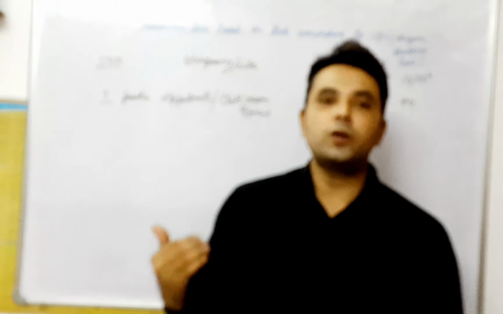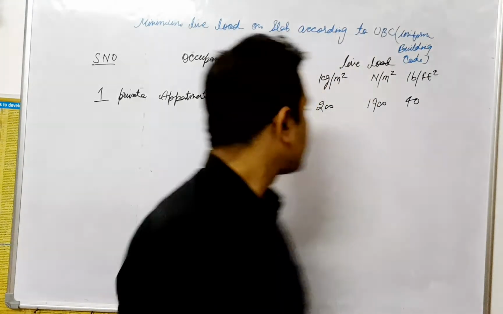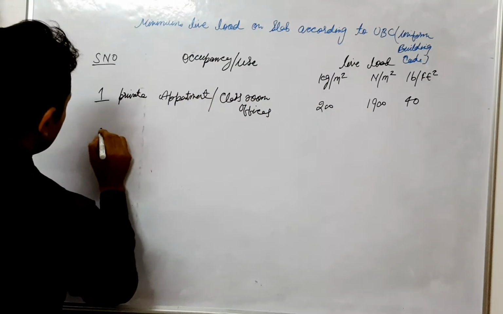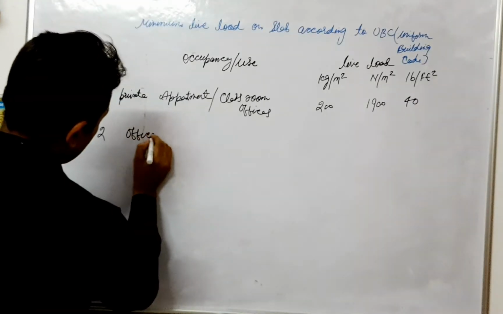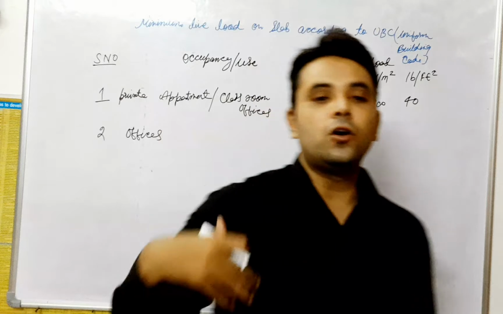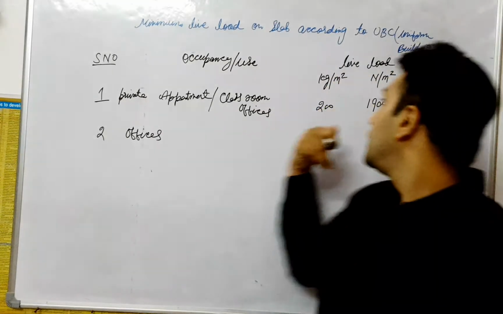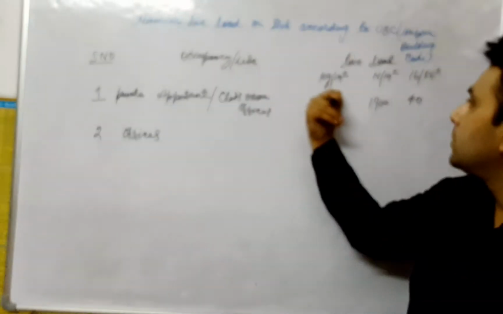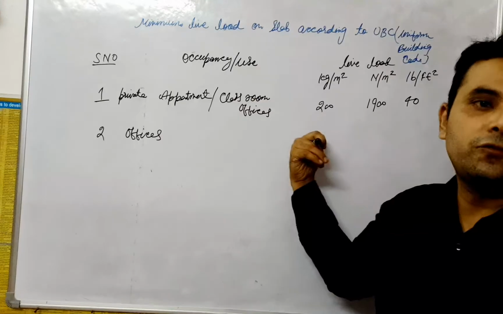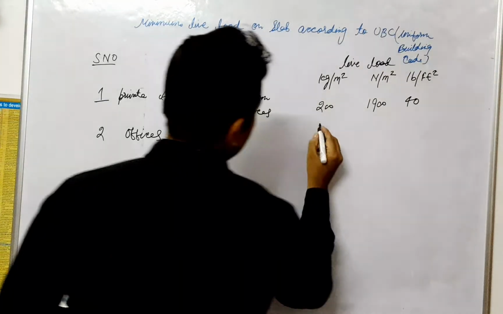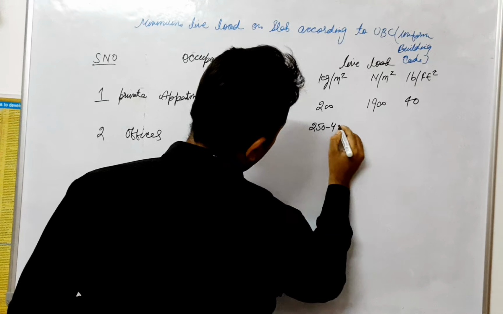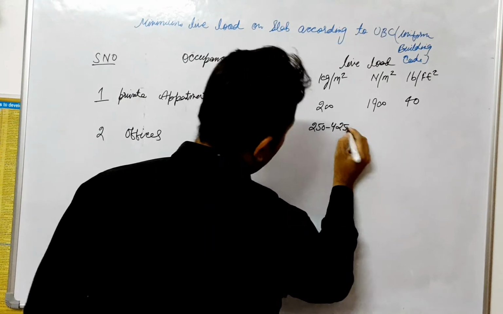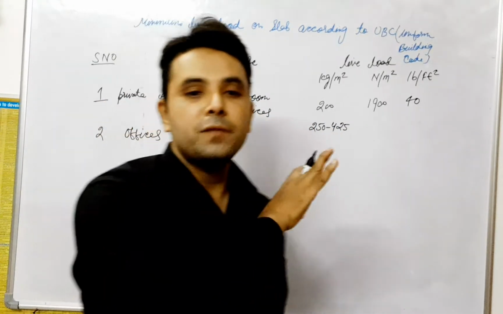Second one is if you are going to design any offices. In that case the live load is 250 to 425 in the case of kilogram per meter square.